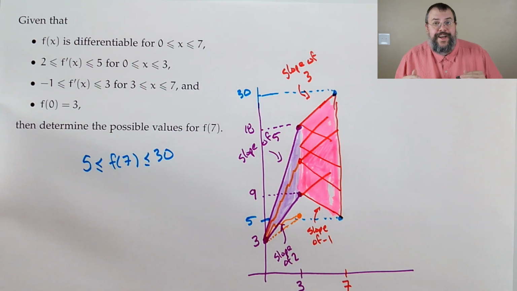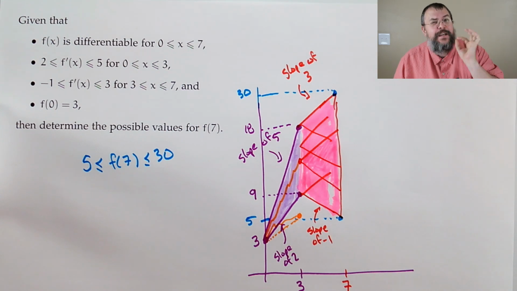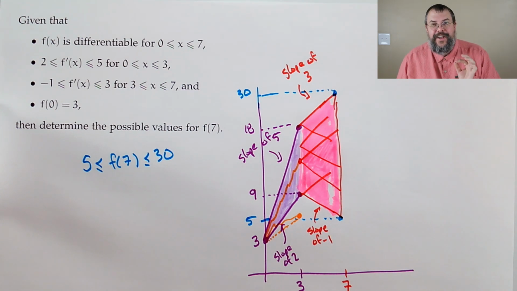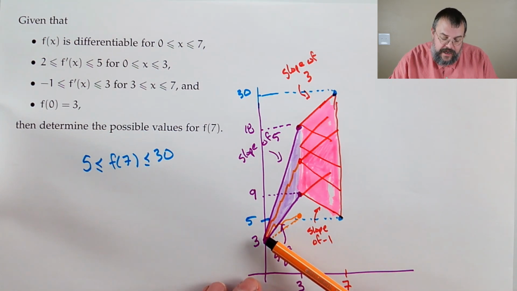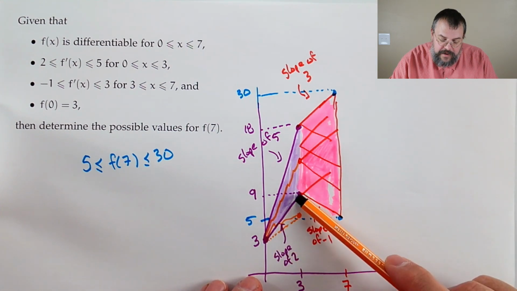And now I can limit it down. Can I go any further? I actually can go a little tiny bit further. Okay, let me ask you the question. Is it possible for me to get to 5? The only way I could get to 5 would be to do what? I'd have to be hugging the very bottom here.